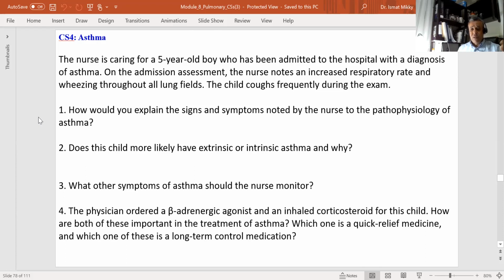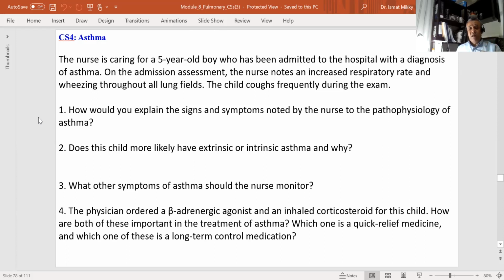So pollens, mold, dust mites, cockroaches, and others are called extrinsic asthma. The intrinsic is when the patient is exposed to weather conditions, exercise, infections, or stress, and that is called non-allergic or intrinsic asthma. So back to our case scenario.